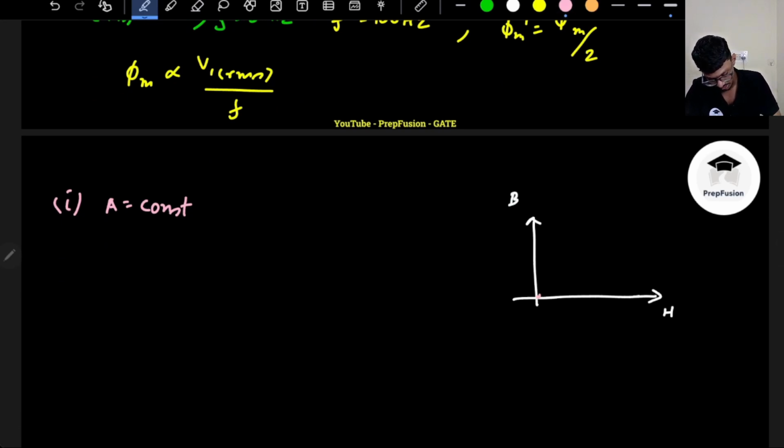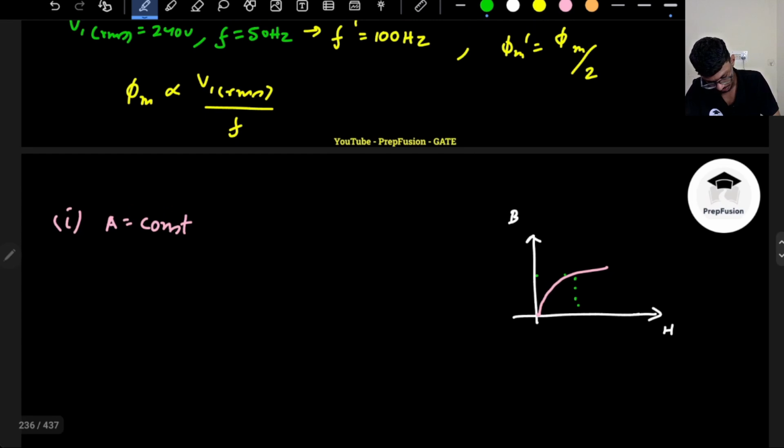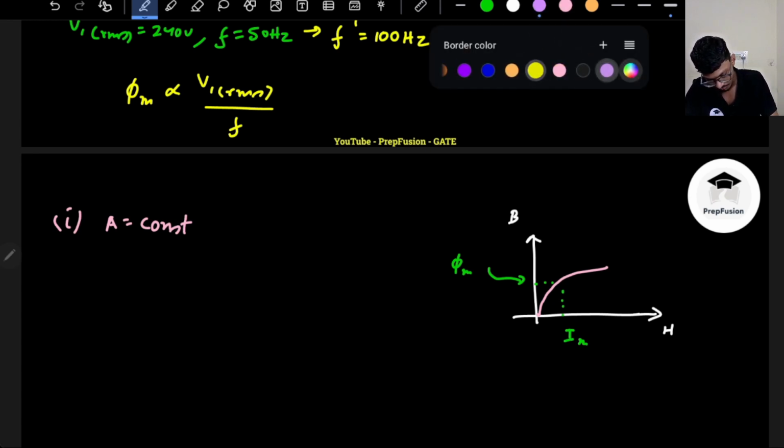So this is my BH curve. Initially my phi m was somewhere here, and this was the magnetizing current required initially, but my phi m has been reduced to half, so I will be lying somewhere here.